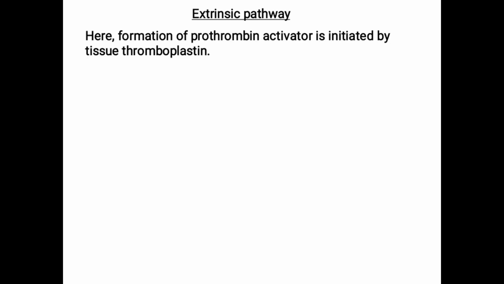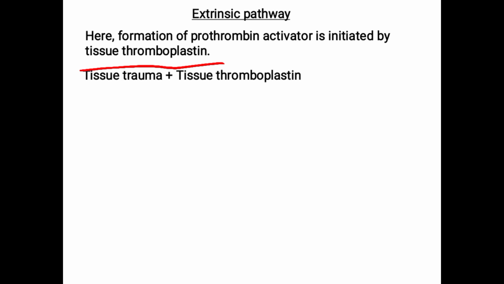Next, the extrinsic pathway. In this, the formation of prothrombin activator is initiated by tissue thromboplastin. In the intrinsic pathway it is mainly platelets, and here it is tissue thromboplastin. Whenever there is tissue damage or trauma, this tissue thromboplastin gets released.